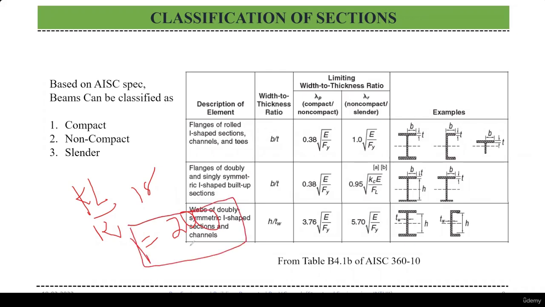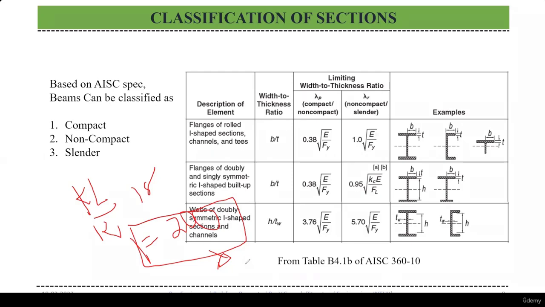This is the slenderness check, and we'll discuss all these checks in the design parameters of STAAD. In the next class, we are going to learn some design parameters where the slenderness checks will be there, and we'll see all these values, what the maximum slenderness value is.